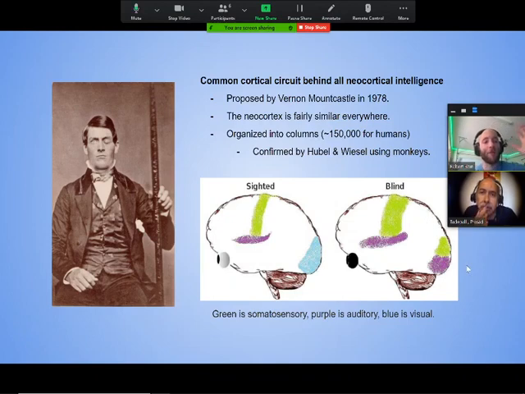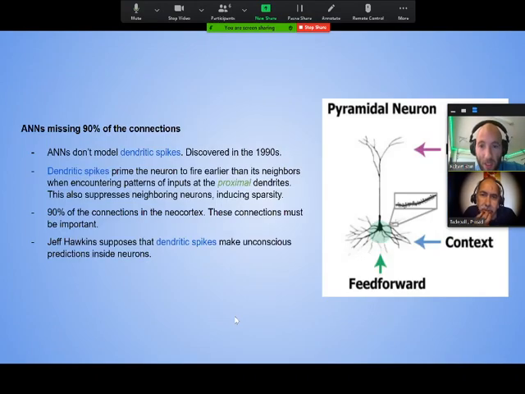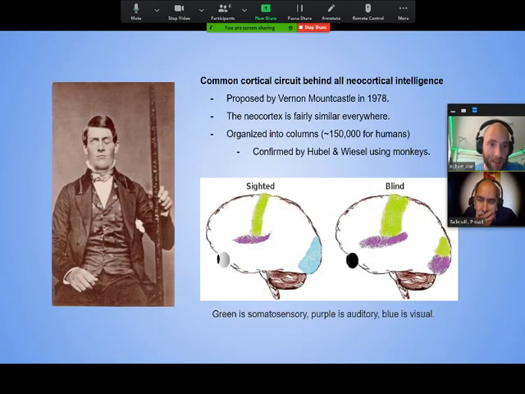Okay, so I talked about how sparsity's nice, and that's good for robustness. You can knock out like 30% of the neurons and still get reliable performance. And the other thing was these dendritic spikes, a whole bunch of connections doing predictions inside neurons.